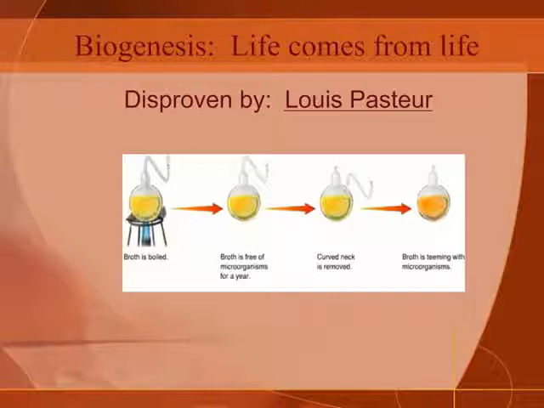But when the flask had its neck intact, the microorganisms were being trapped at the low point of the neck and could not get into the broth. Therefore, the broth did not lead to microorganisms spontaneously. He disproved that idea. Instead, the microorganisms arose from other microorganisms.